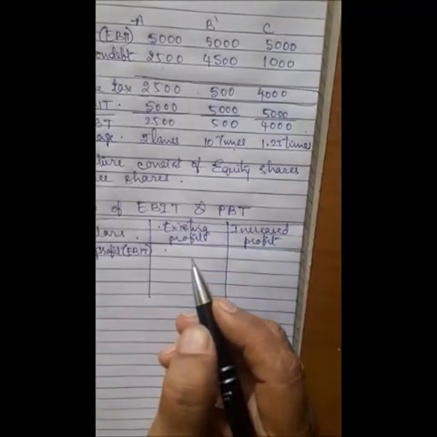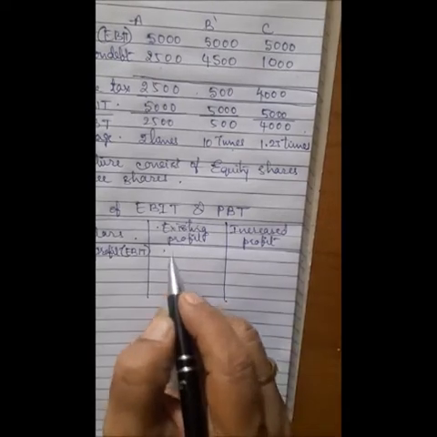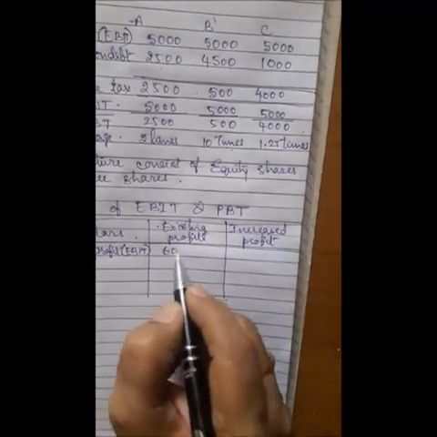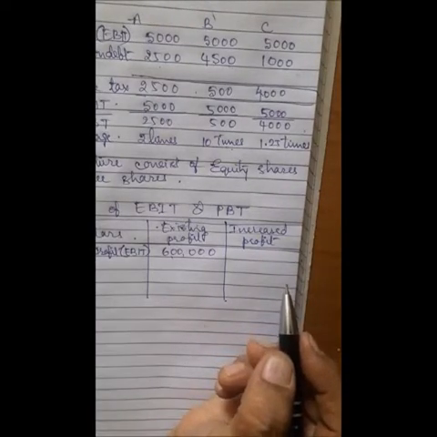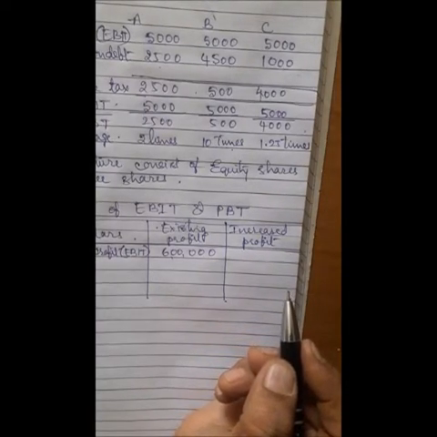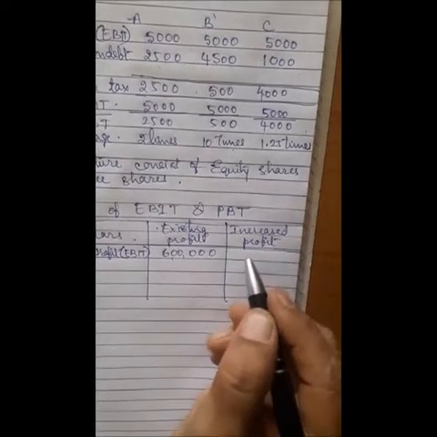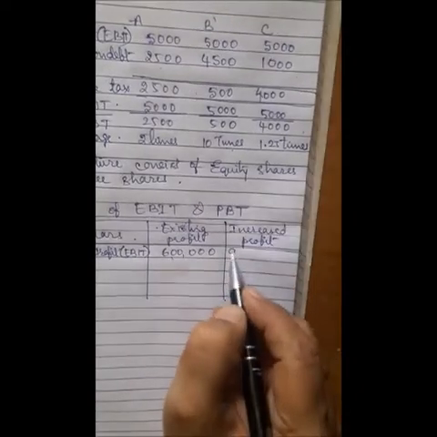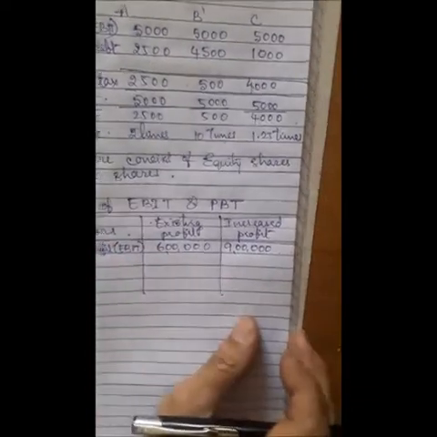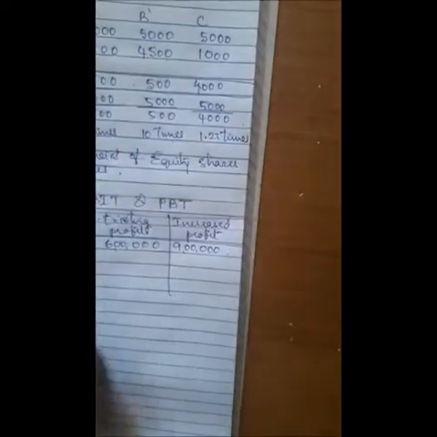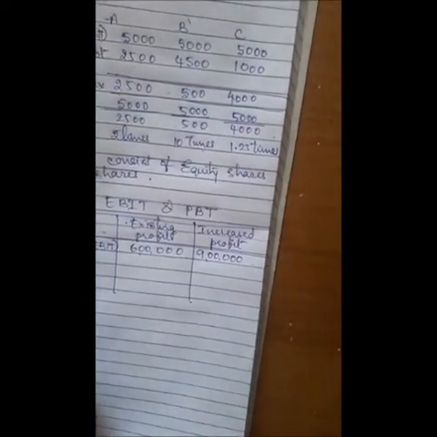So existing profit, as they have given in the problem, the amount of operating profit is 6 lakhs in the existing case. And in the second case, what would be the new financial leverage if the operating profit increases to 9 lakhs. So at the existing level there is an EBIT of 6 lakhs and in the second case, the increased profit is 9 lakhs.